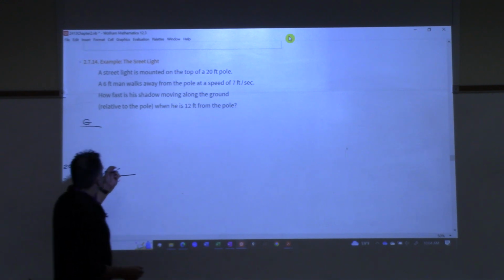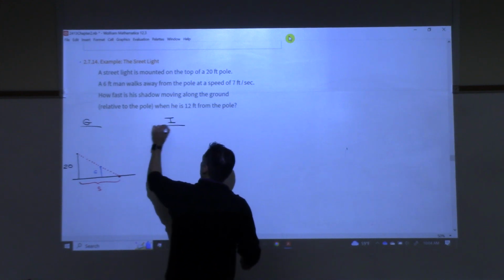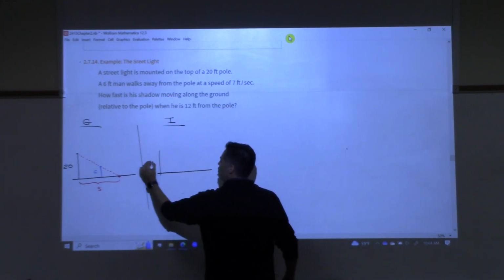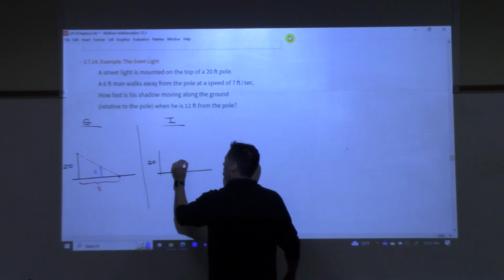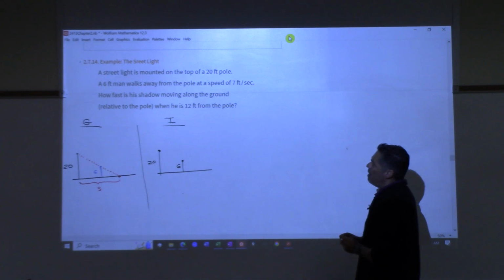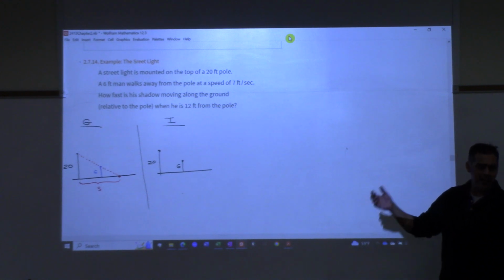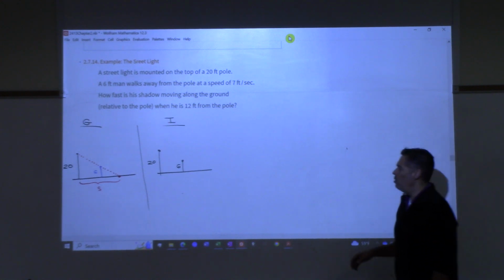Let's draw the instant in time. Same picture, but here I know that the man is 12 feet from the pole, don't I? Right, at the instant in time the man is 12 feet from the pole.